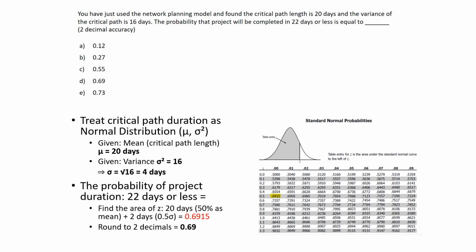Therefore, we have to find the 0.5 at the Z table. As you see on the right, as highlighted, it is 0.6915. So when it is rounded to 2 decimals, it's 0.69. So the answer is D, 0.69. Thank you.